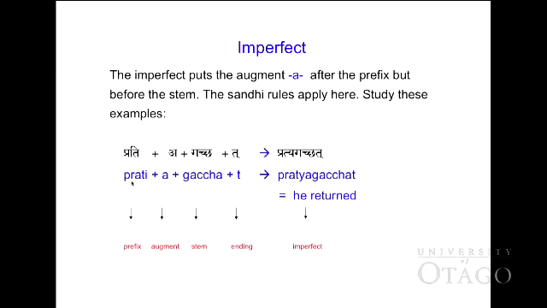Prati prefix, augment, kacha stem, and ending t. So we have to apply the rule of Sandhi here, prati a. So it will be pratyakachat. Pratyakachat means he returned. This is imperfect third person singular.